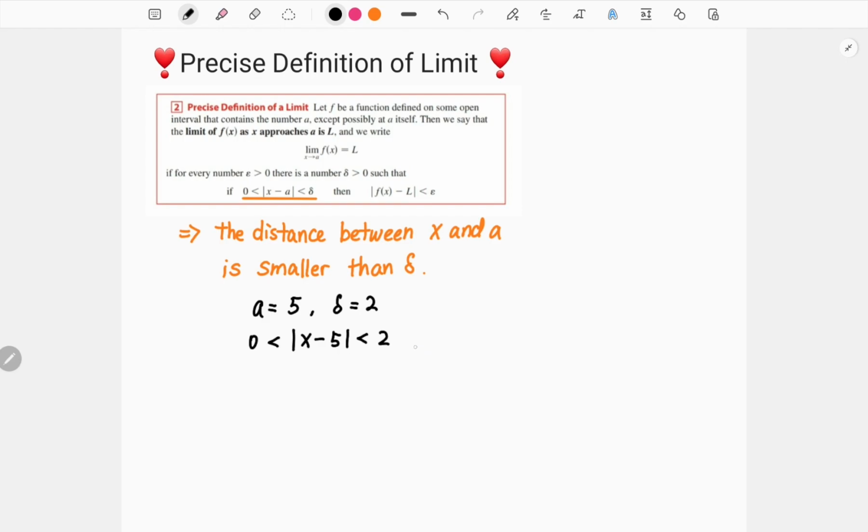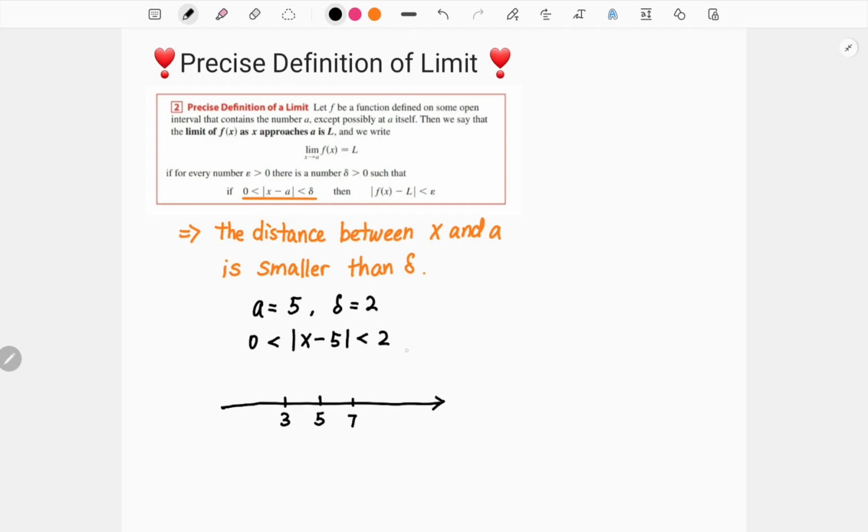What does that mean on a graph? It means if we have an axis and here is 5, and on the right side we would have 5 plus 2, which is 7. On the left side we would have 5 minus 2, which is 3.